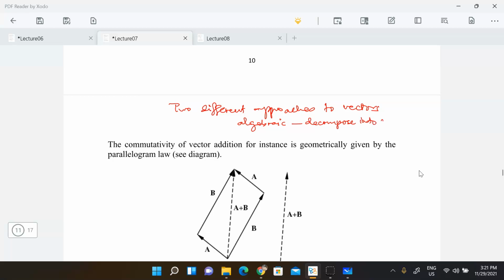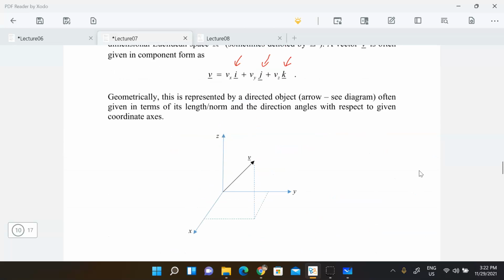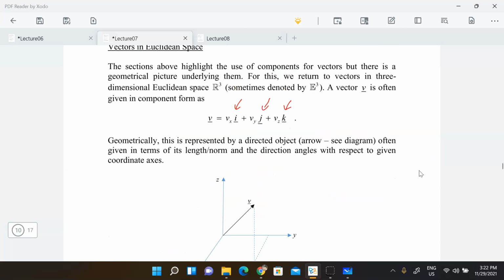And then once you decompose into components, then you can use those components to do manipulation and calculation and things like that. And for that, it's easier to do calculations with the algebraic way of approaching vectors. Okay, that means you always write down in terms of components like we have seen over here.